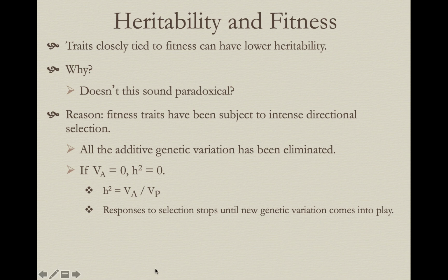But again, selection then is going to basically be stopped. It can't change that trait in the future until we get mutation for new genetic variation, new alleles associated with that trait, or perhaps gene flow of individuals that are bringing new alleles associated with those QTLs into the population. All right, so hopefully that kind of makes sense.